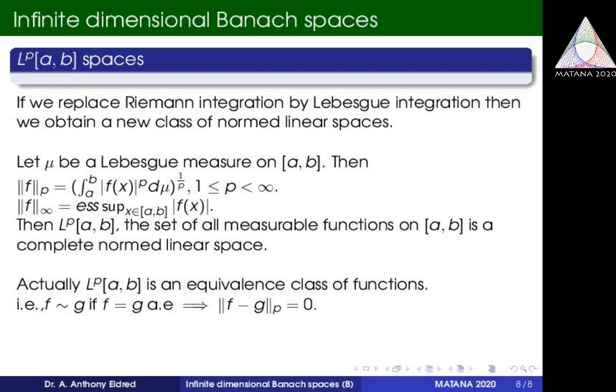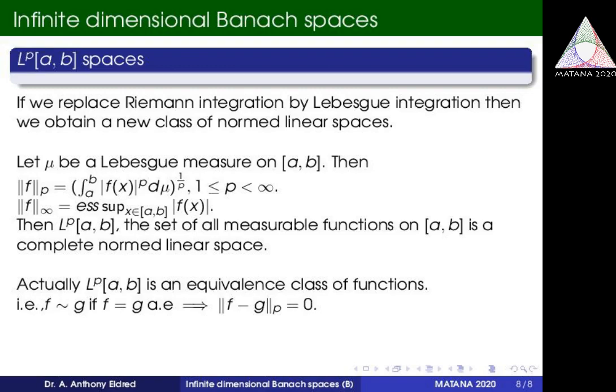So f equal to g means f need not be equal to g on all points, but wherever f is not equal to g, if you take the measure of those points, that measure will be 0. So LP of AB is not exactly like a normal linear space, a normal set. It is an equivalence class of functions.